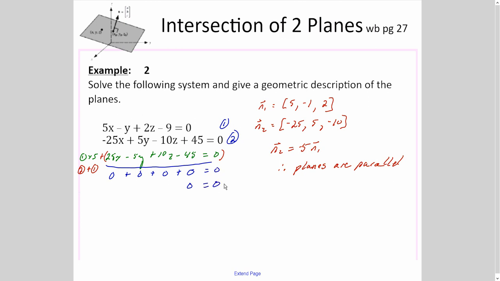Now this is always going to hold true. 0 is going to equal 0 in all cases. So when 0 is equal to 0, this always holds true. Therefore, we have an infinite number of solutions.